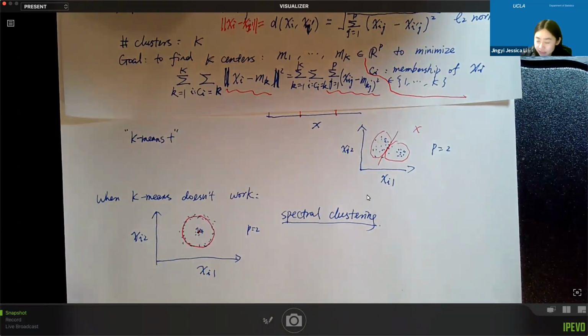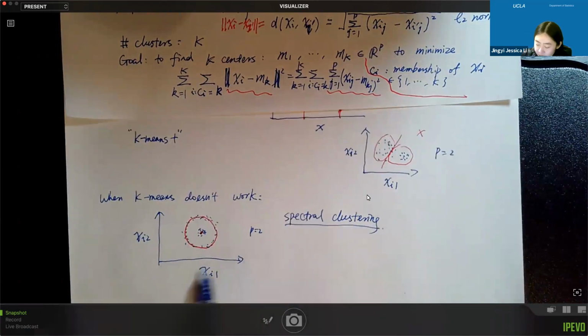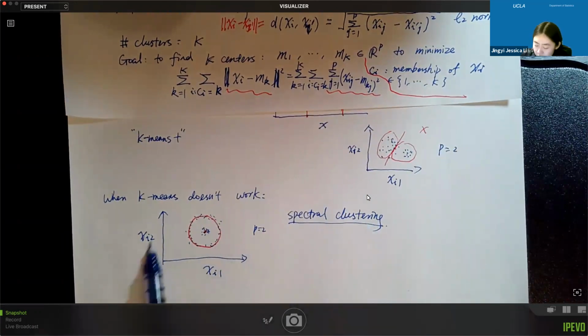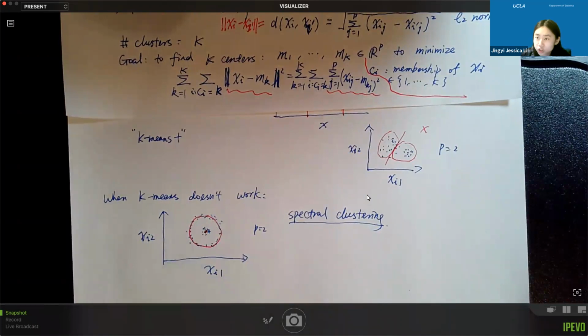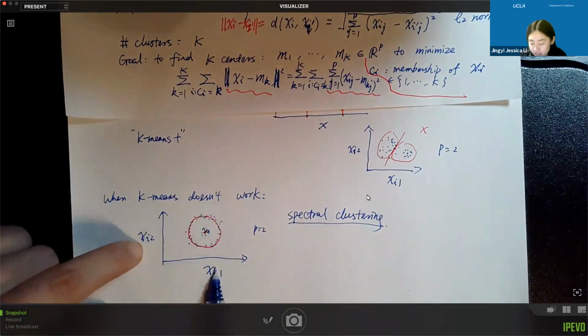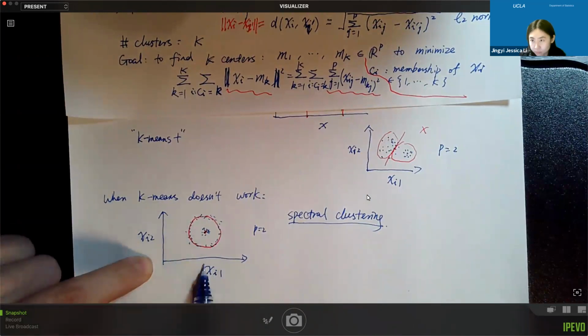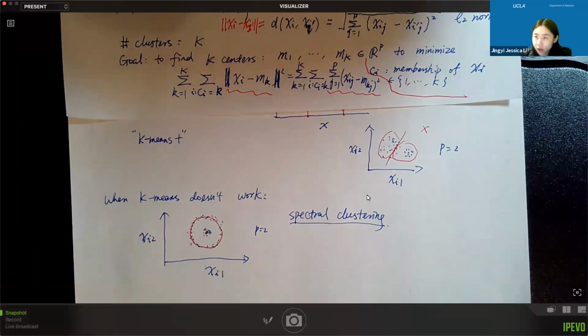But just for your information, spectral clustering can be used to address this type of problem. What you do is transform your data not in the original 2 dimensions, but to a new space. And you hope that in the new space, these 2 clusters can be better separated. So I can give you one example about how data transformation can work.